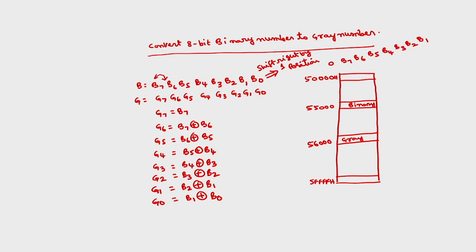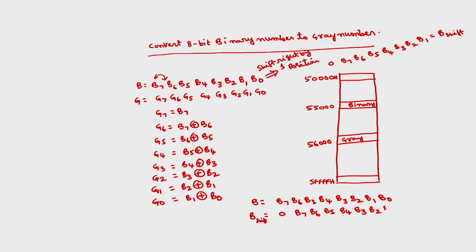Call this one the shifted version of B. Here B is B7, B6, B5, B4, B3, B2, B1, B0 and B shift is 0, B7, B6, B5, B4, B3, B2, B1.